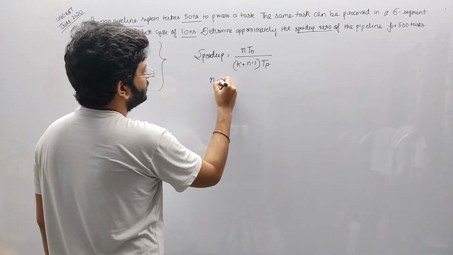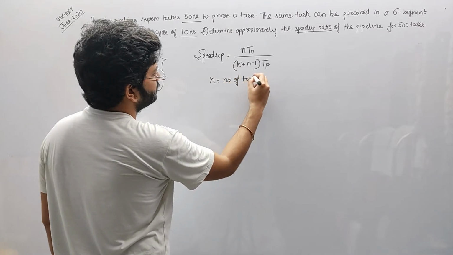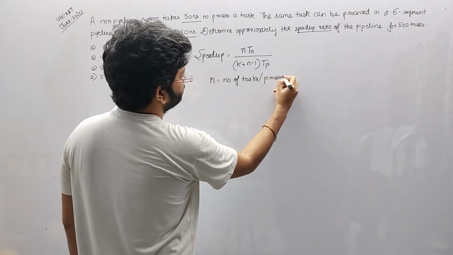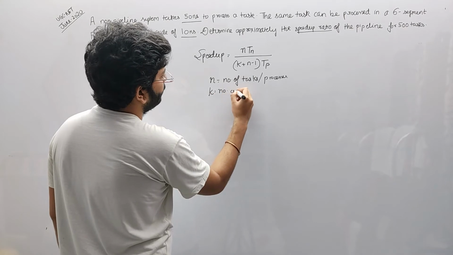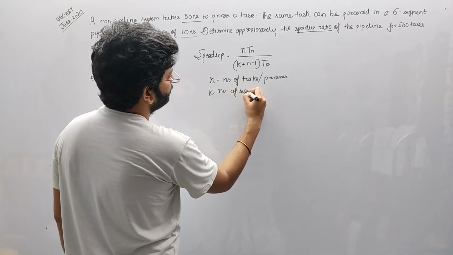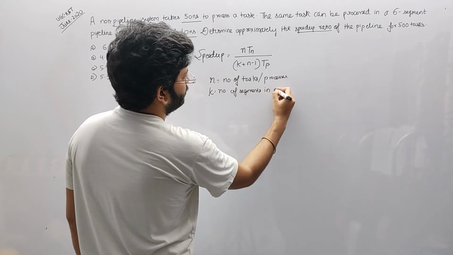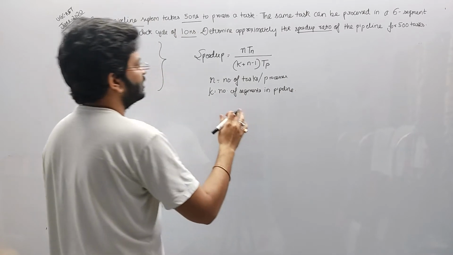Where n is the number of tasks, or we can say number of processes, k is the number of segments in the pipeline, meaning in the case of the pipeline processor, what is the number of segments.